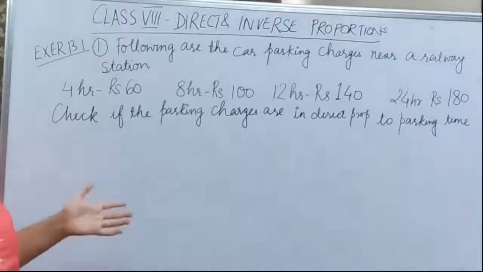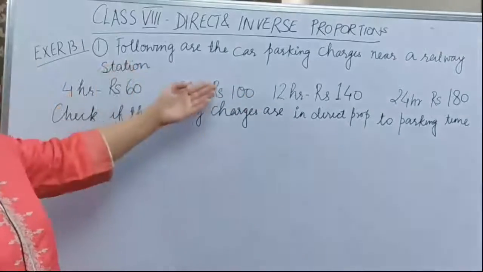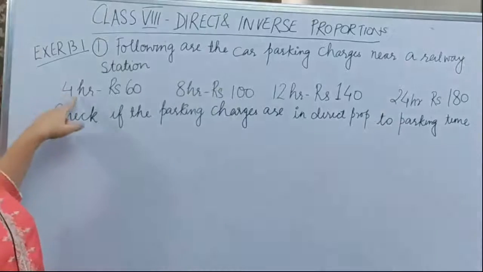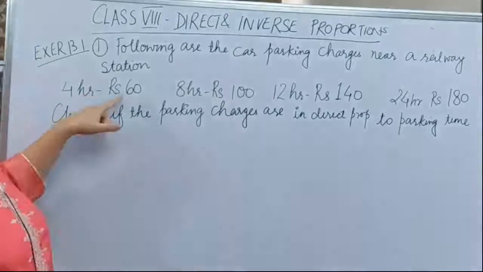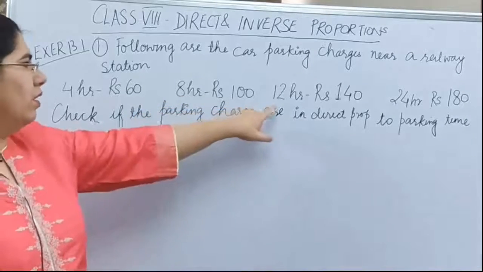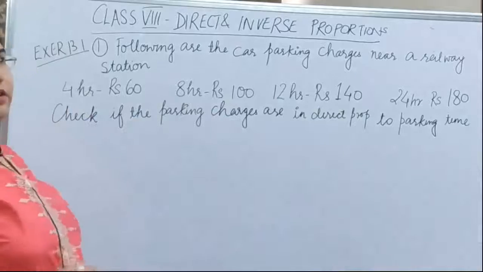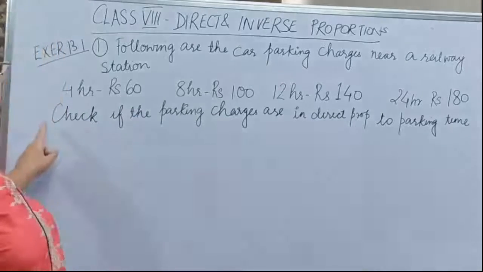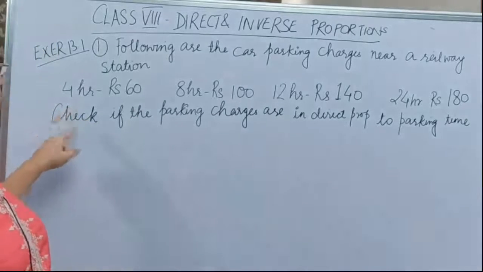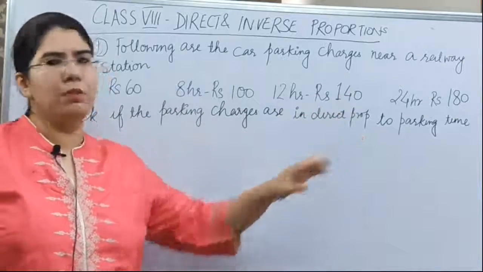So, there is a railway station along which there is a car parking and the following are the charges. For a 4-hour parking, the charges are rupees 60, for 8 hours it is 100, for 12 hours it is 140 and for 24 hours it is 180. Now, the question asks you to check if the parking charges are in direct proportion to the parking time.